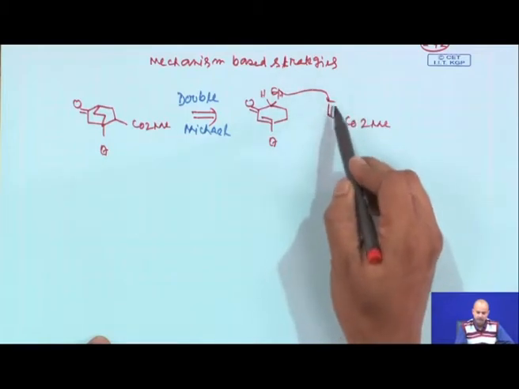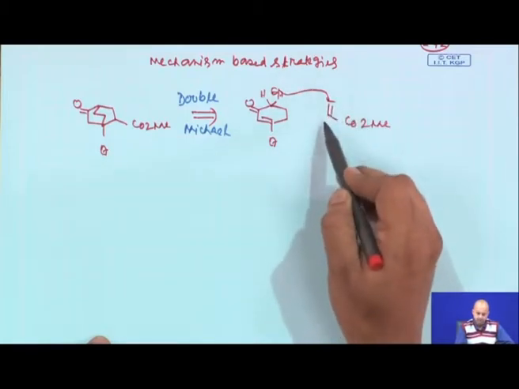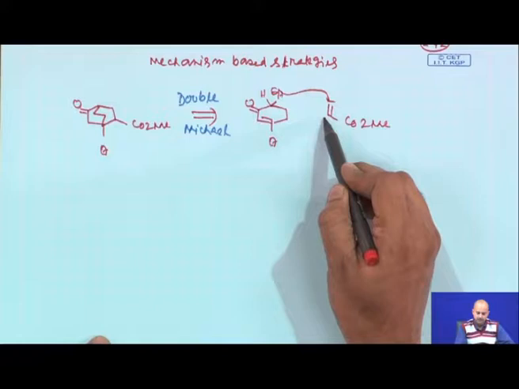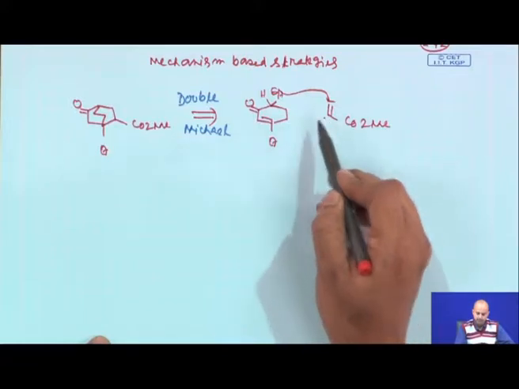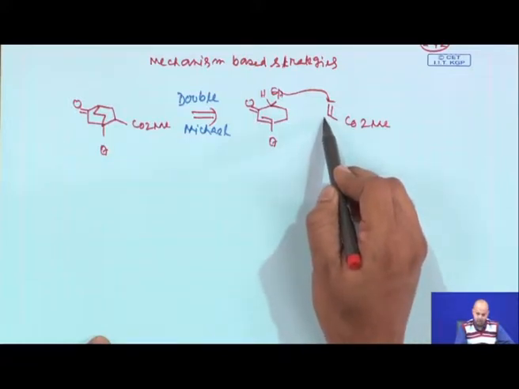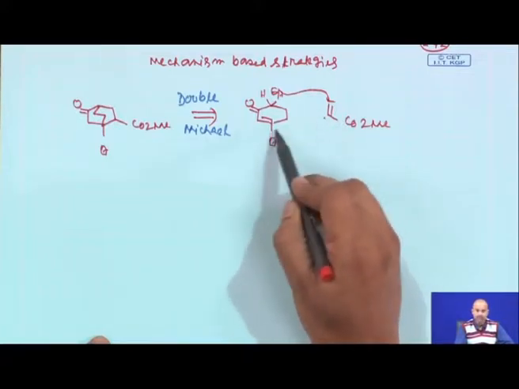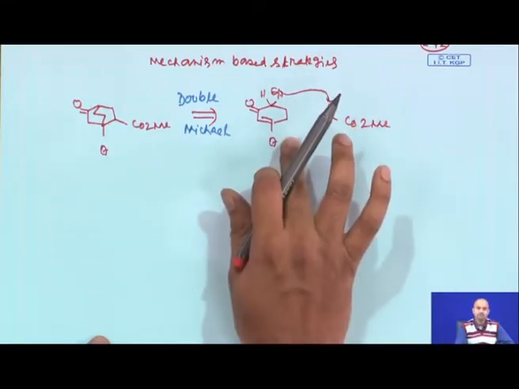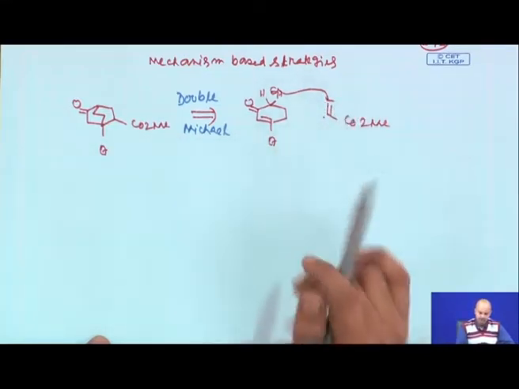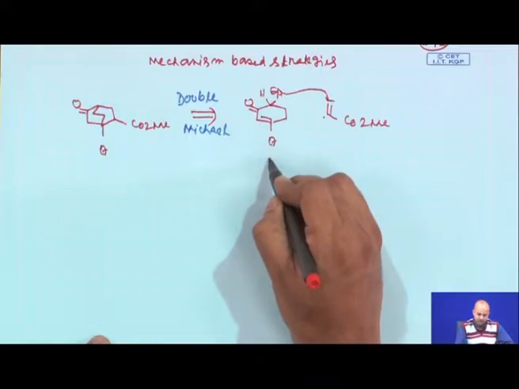Once you attack here, this negative charge now comes here. Now, this negative charge acting as a nucleophile attacks in a Michael fashion to this carbon. So, if double Michael takes place, your synthesis is quite attractive and quite feasible.